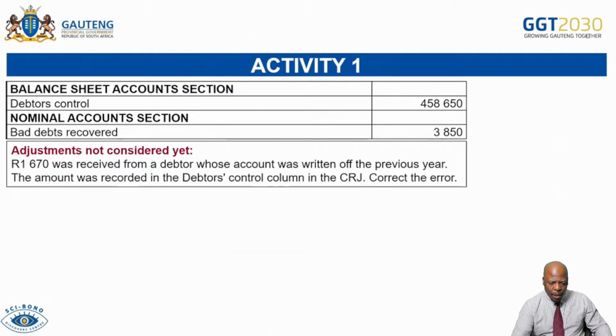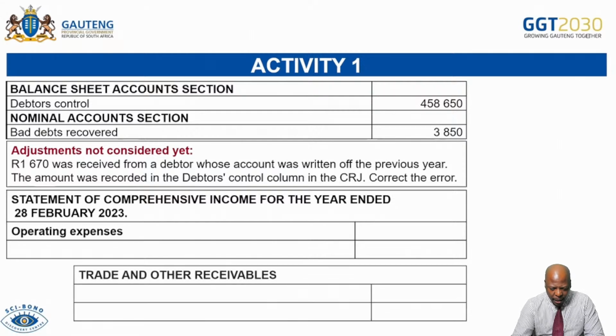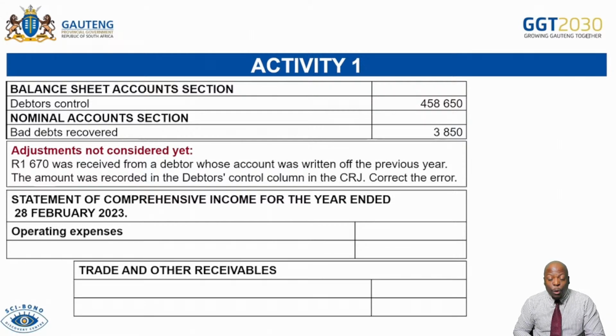It says, okay, remember we had to do it in the statement of comprehensive income, and I can see we're also going to do it under our trade and other receivables. Bad debts recovered, debtors control. The adjustment reads, 1,670 was received from a debtor whose account was written off the previous year. Okay, so I think last week we had an adjustment of this nature, and I explained it again.